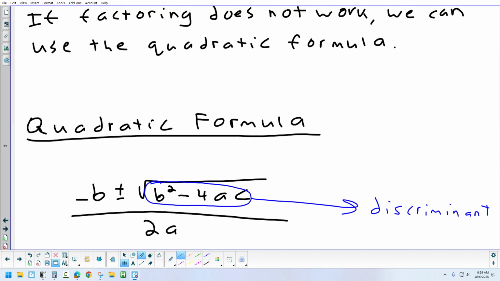So like in this one, A is 3, B is 2, but C is not -5, because you're going to put that -8 on the other side. C is really 3 in that problem.